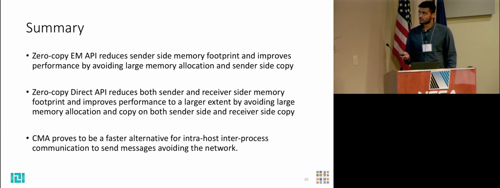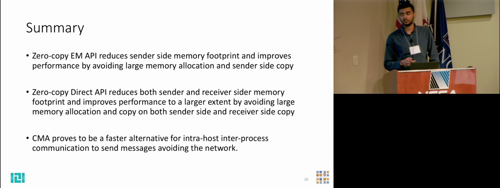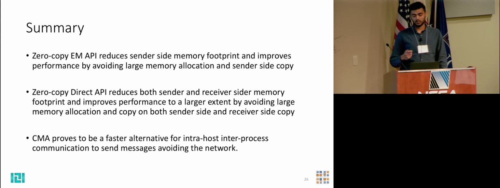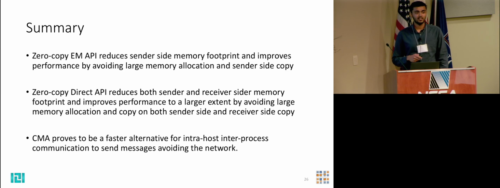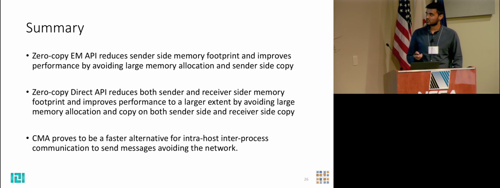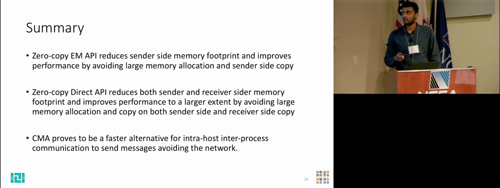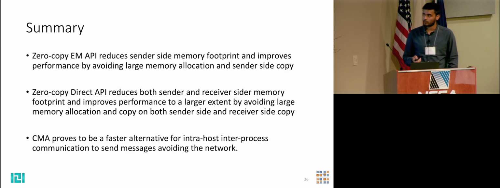So concluding and summarizing my talk, we saw that the zero copy APIs were helpful in gaining performance over messaging because of avoiding the larger allocations and also avoiding the copies. In the case of the direct API, you could avoid both the sender and the receiver side copy.